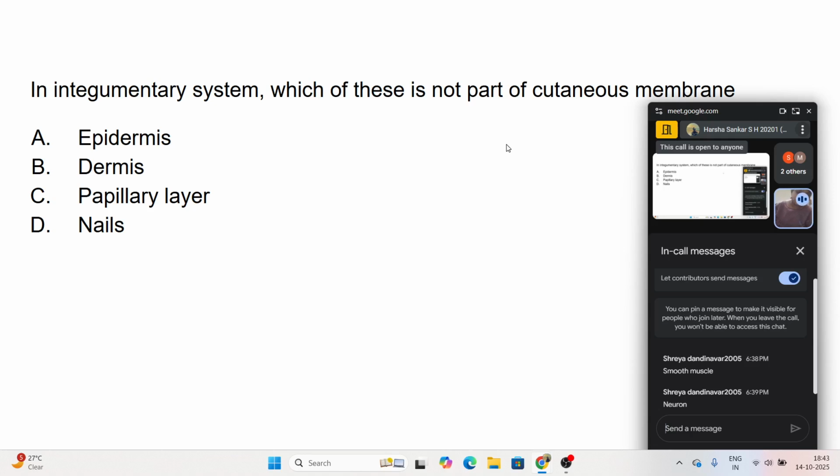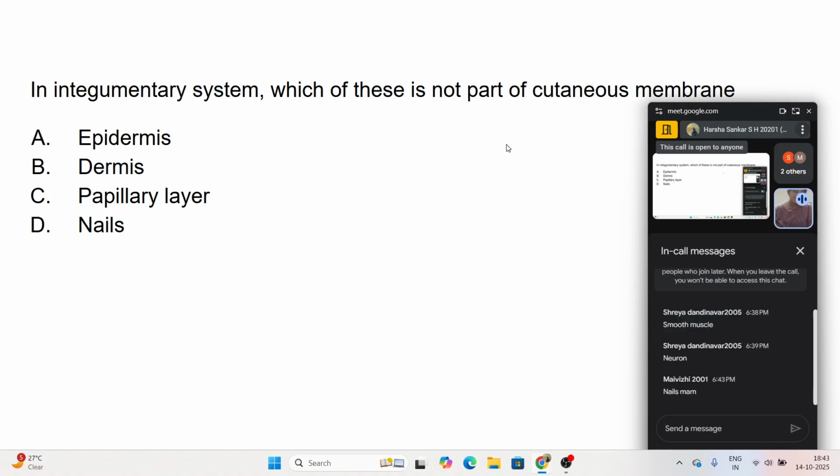So all the others can be part of it, but one is not a part of the cutaneous membrane. That means it can be a part of another membrane only. It's a part of the integumentary system maybe, but it can be a part of another membrane. So remember skin, when we learned about skin, about the outer layer. Okay, thanks.